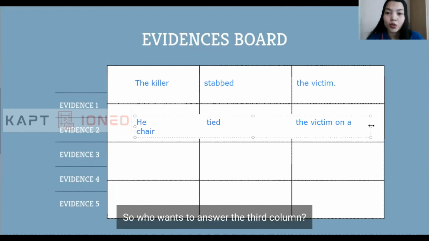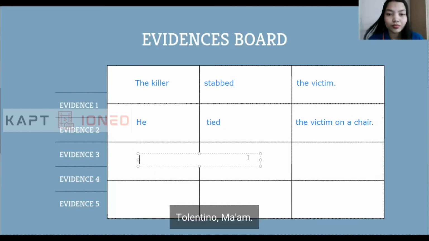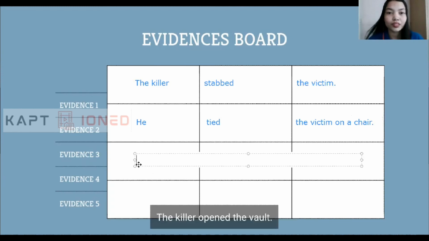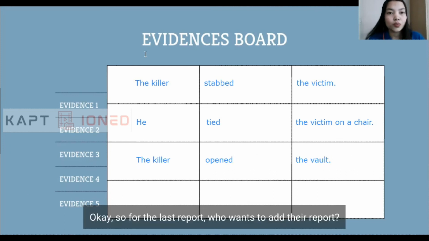So who wants to answer the third row? Valentina, ma'am. Yes, Detective Tolentino. The killer opened the vault. Okay. So for the last report, who wants to add their report?